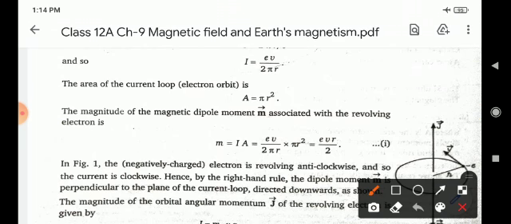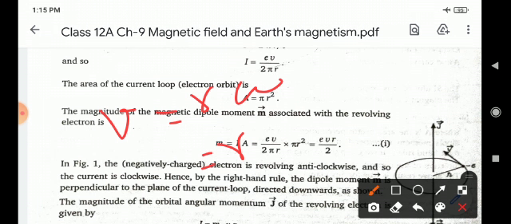Children, we know that the formula of v equal to r omega. So children, omega is the angular velocity and v is the linear velocity. That is, if a body moves in a straight line, then it represents linear velocity.